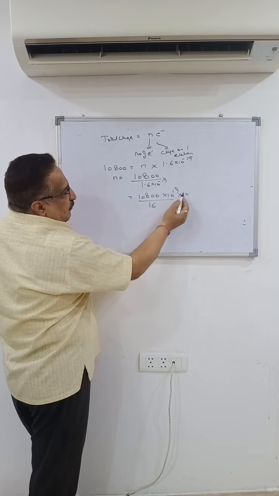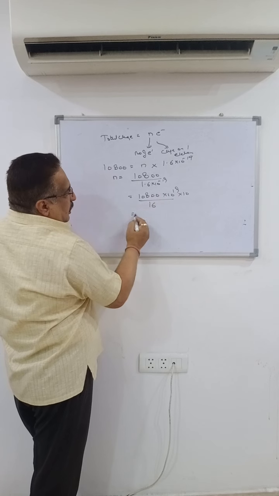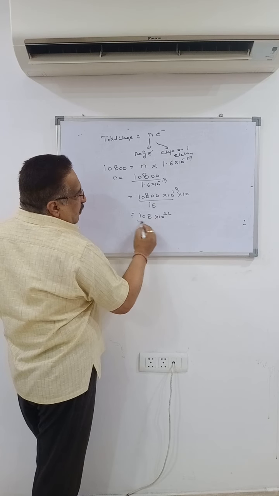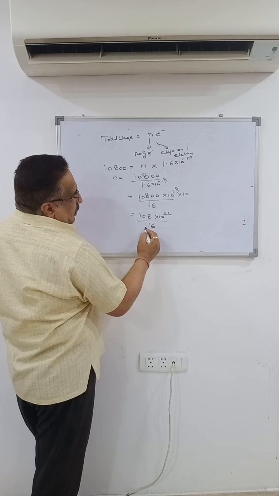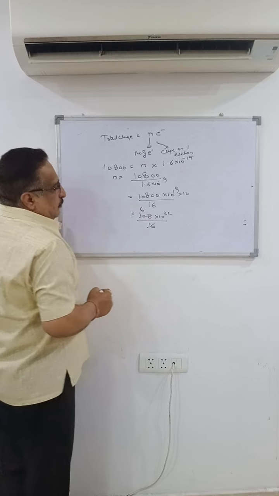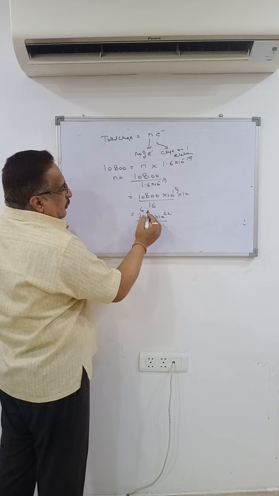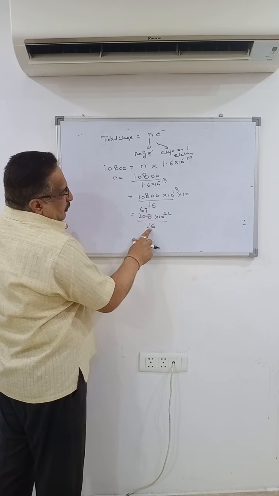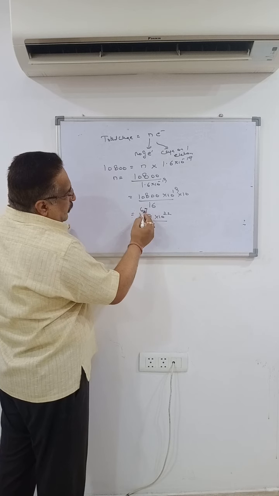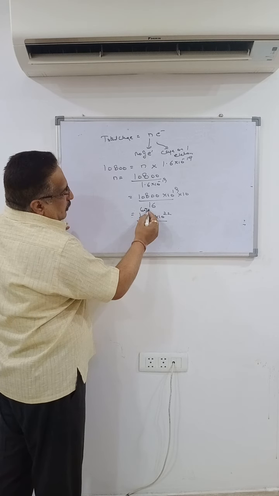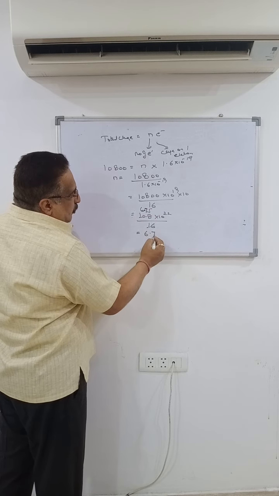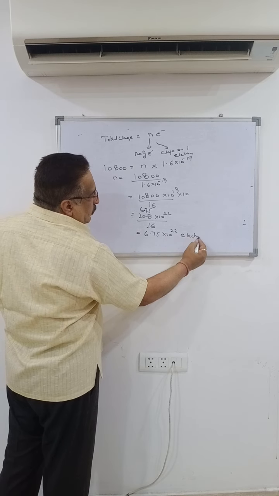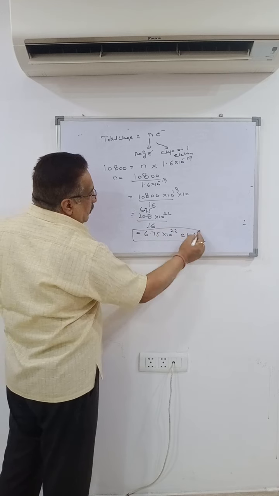Okay, that comes out to 108 into 10 raised to power 22 divided by 16. 6.75 into 10 raised to power 22 electrons is the answer.